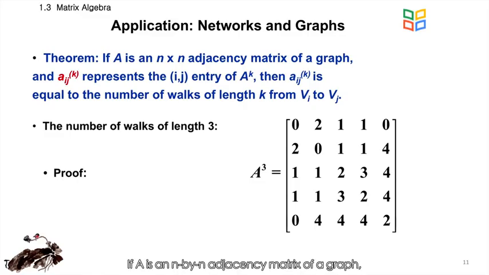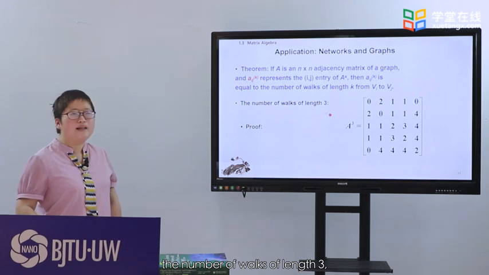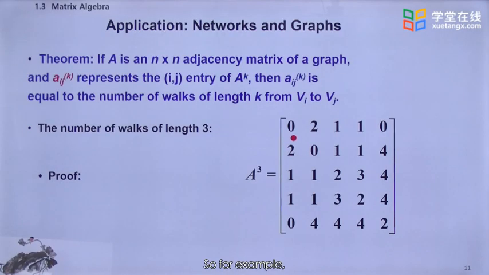If A is an n by n adjacency matrix of a graph, and Aij^k represents the ij entry of A power k, then Aij^k is equal to the number of walks of length k from Vi to Vj. For example, for the number of walks of length 3, you can just compute A power 3, A times A times A. So for example, the 1, 2 entry of A power 3 is 2. This means the number of walks of length 3 from V1 to V2 is 2.